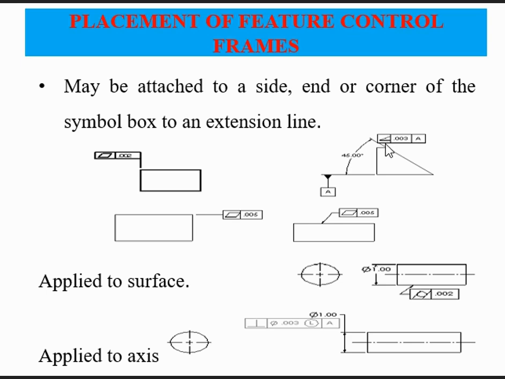I am trying to specify the tolerance on the angle with what value? 0.003. Here the angle needs to be given a reference, because whenever we measure an angle we give a reference, right? So I have defined this bottom surface as a reference, which I am calling the primary reference. The meaning of this rectangular feature frame here is that on a 45 degree angle 0.03 tolerance is allowed, but with respect to reference A, right?